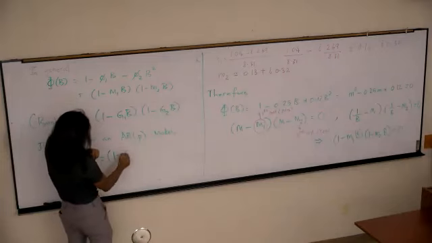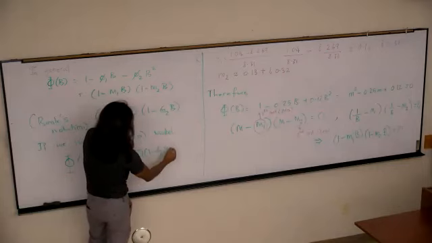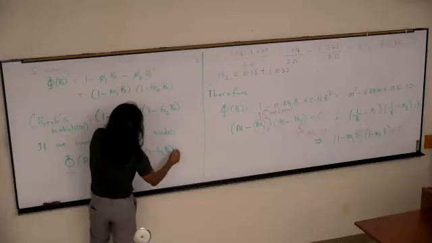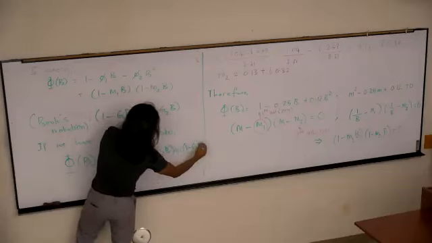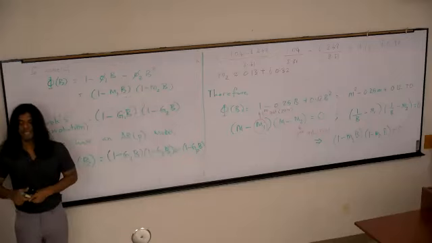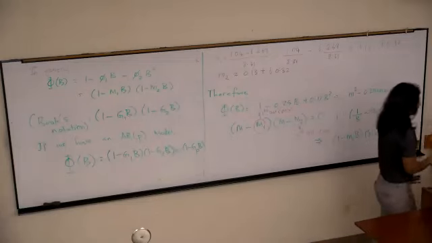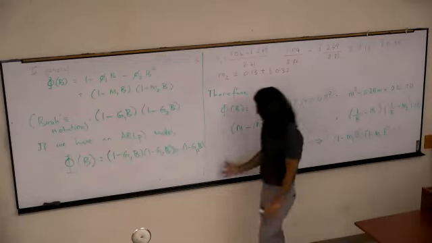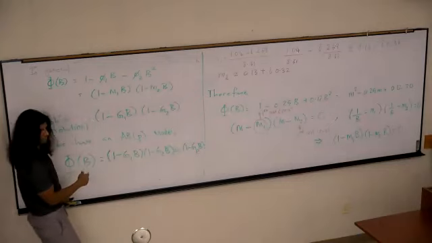So 1 minus G1B times 1 minus G2B, dot, dot, dot, 1 minus GpB. A polynomial can be expressed as a product of linear factors, right? Or quadratic factors, if there is multiplicity.